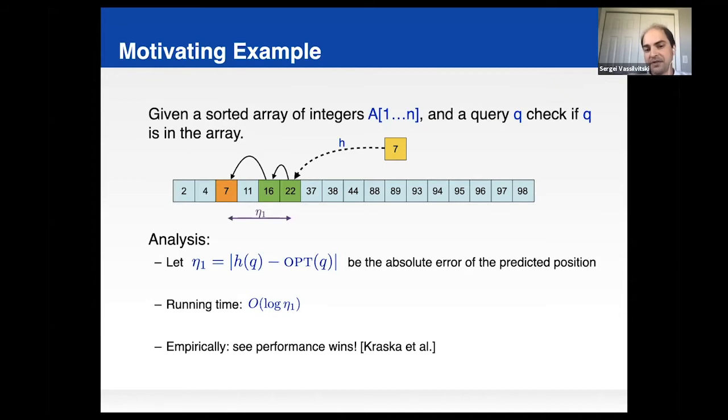It's easy to convince yourself that the theoretical running time is going to be logarithmic in the L1 error between where I should have looked and where I started looking. And empirically, as Tim went through in a lot of detail this morning, this is not just a theoretical improvement. We do see a lot of performance wins if you tune these systems correctly.